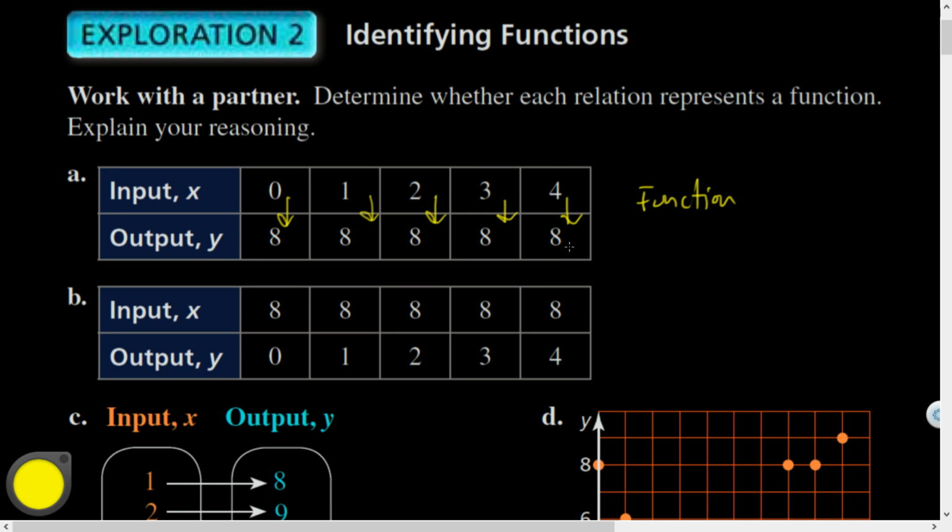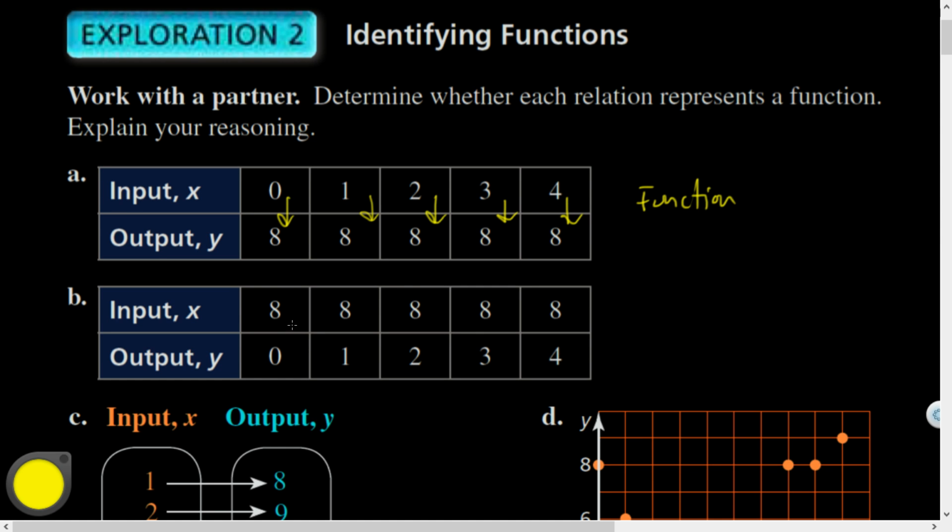Bam, function. All right, let's look at problem B. If the input is 8, I get a 0. Oh wait, sorry, no, I lied. If the input is 8, I get a 1. No, if the input's 8, I get a 2. Man, no, I get a 3. No, 4. Definitely a 4. I'm committed this time.